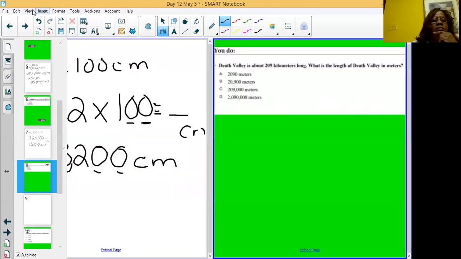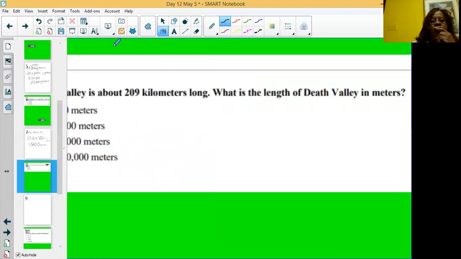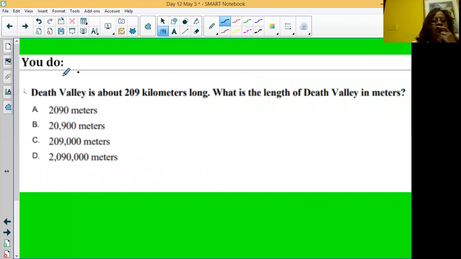Okay, your next problem is a you do. And it reads, Death Valley is about 209 kilometers long. What is the length of Death Valley in meters? 209 kilometers long. And remember what I taught you to do.